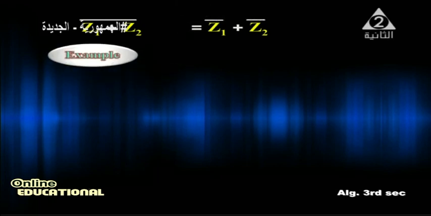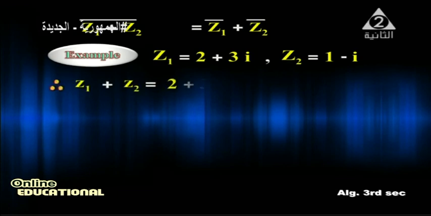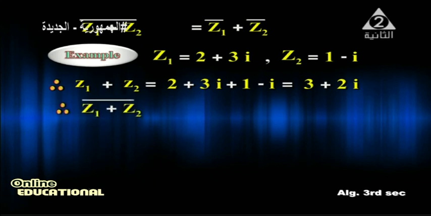Also, the conjugate of z1 plus z2 equals the conjugate of the first plus the conjugate of the second. This is important. Conjugate of addition equals addition of the two conjugates. z1 equals 2 plus 3i, z2 equals 1 minus i. z1 plus z2, we add real with real, imaginary with imaginary. 2 plus 1, 3. 3i minus i, 2i. What is the conjugate of z1 plus z2? 3 minus 2i.